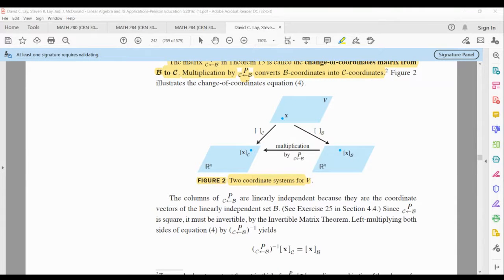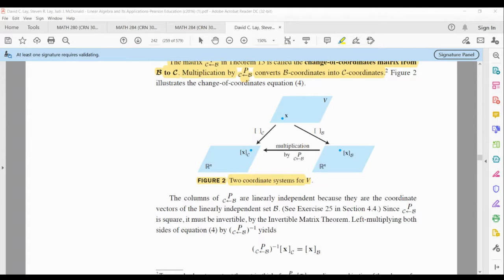They have two coordinate systems below. And then you relate the coordinate vectors in the coordinate systems with the change of basis or change of coordinates matrix from B to C. It could be called change of basis matrix or change of coordinates matrix, but it's from B to C.